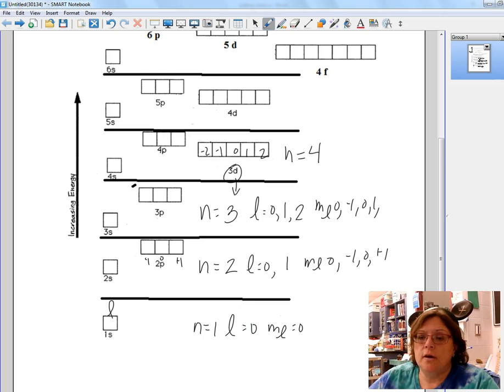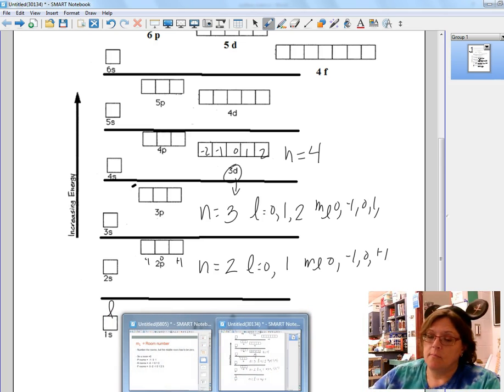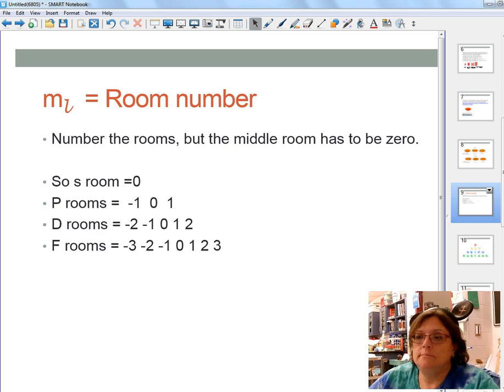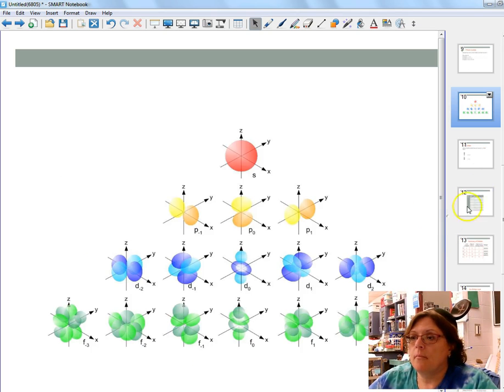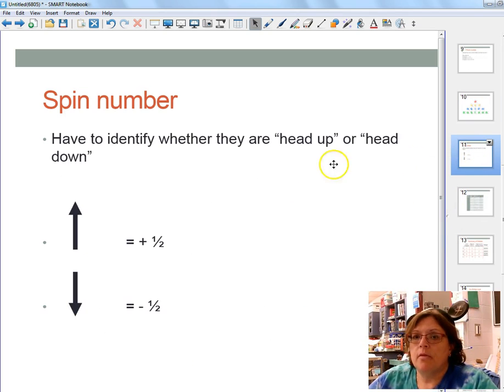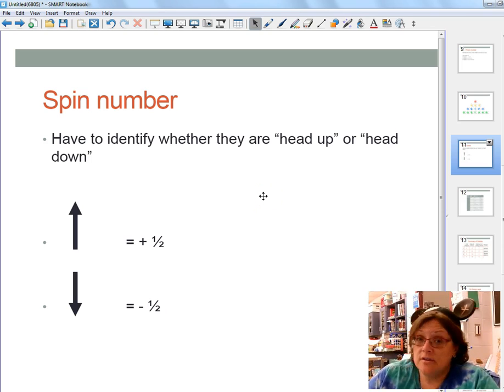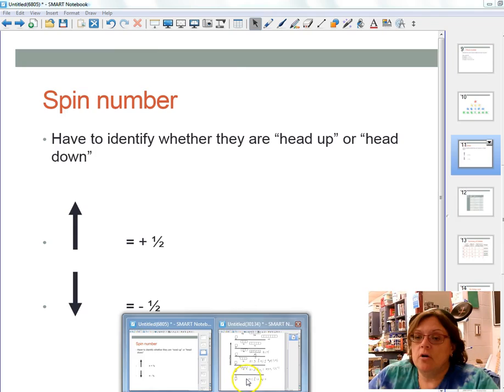The fourth number is spin. The fourth number is just going to tell us whether it's spinning. We say up or down, but think clockwise or counterclockwise, what have you. So back to our hotel.